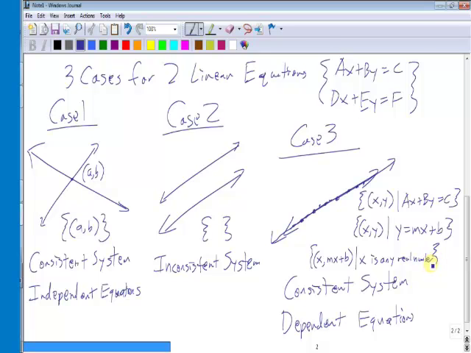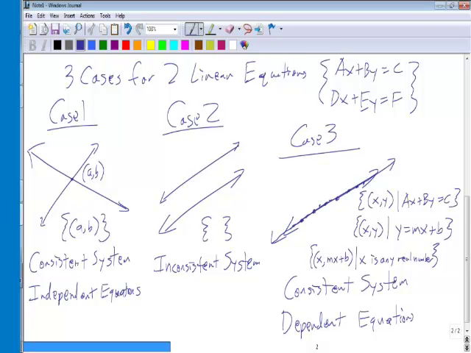In set builder notation, we indicate what the solutions look like, the form that they would take, and then if there's a variable in there that could take on different values and consequently result in different solutions to the system, we indicate the different values the variable might take on. It could take on any real number.